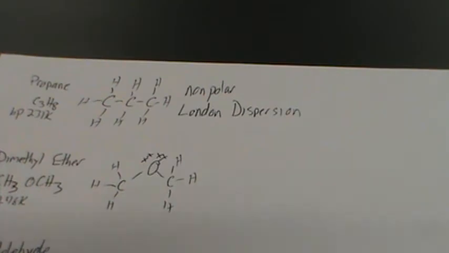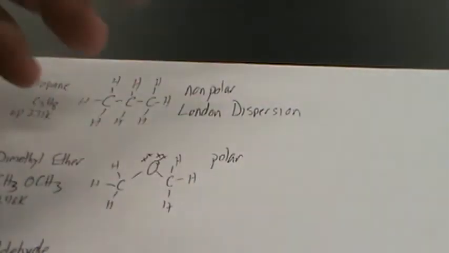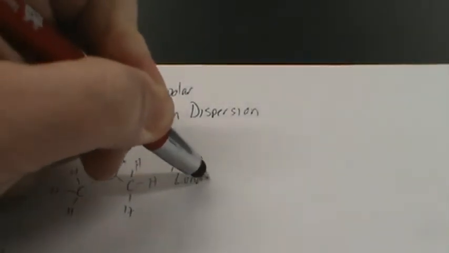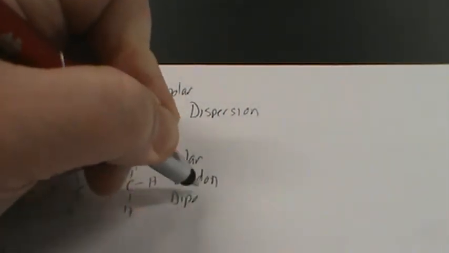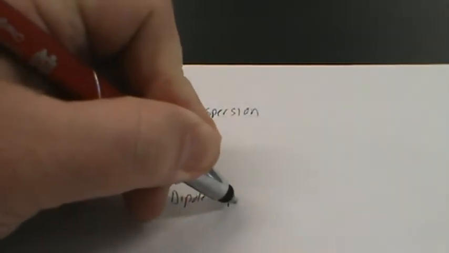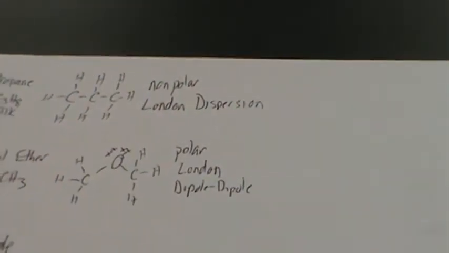The carbon and hydrogen we said would be nonpolar, but the carbon and oxygen bonds would be polar. And it's asymmetrical, so this is a polar molecule. So for intermolecular forces, we have London, and we also have dipole-dipole.